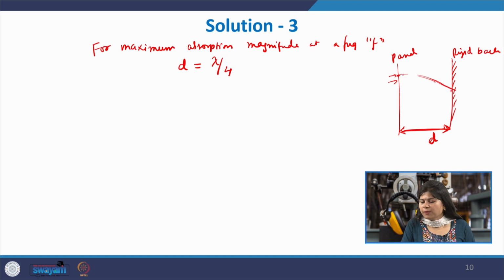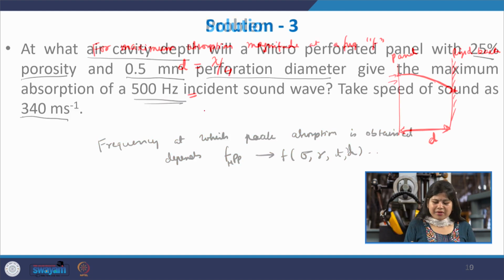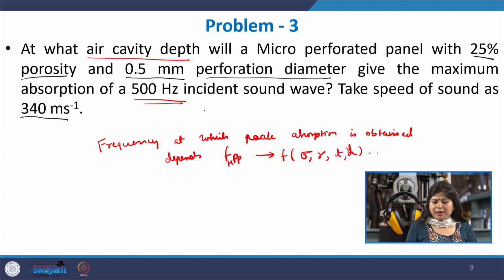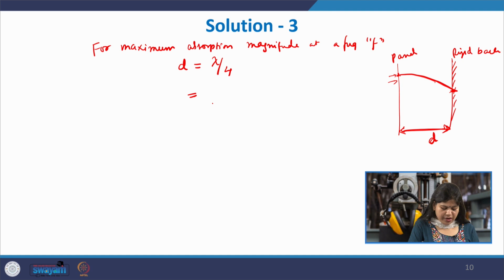If this is the wave function of the velocity, it reaches 0 at the rigid boundary. So, basically in this case the other parameters will not affect; it is a trick question. You just need to take into account the frequency of the wave, and these will not come into use. So, simply you can write this.